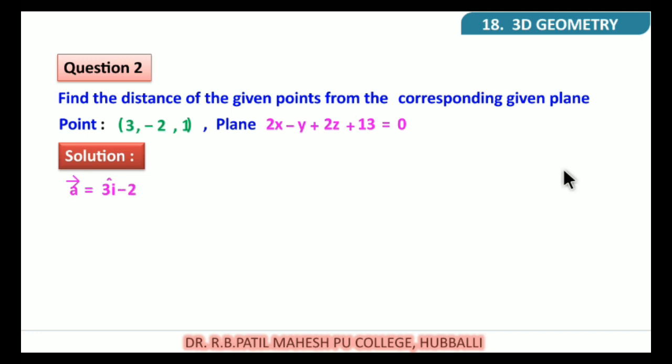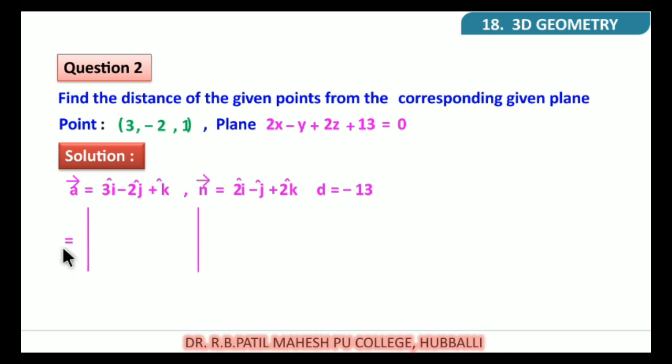Vector A is 3i minus 2j plus k, using the point P, and vector n is given by the direction ratios of the normal vector, that is 2i minus j plus 2k, and the d value is minus 13 after transferring to the right side.